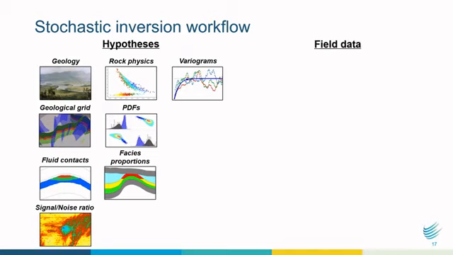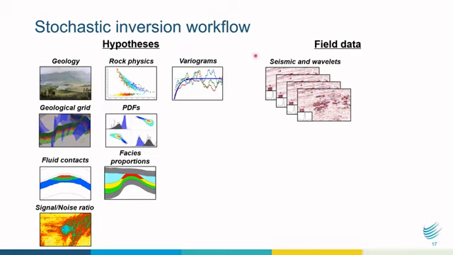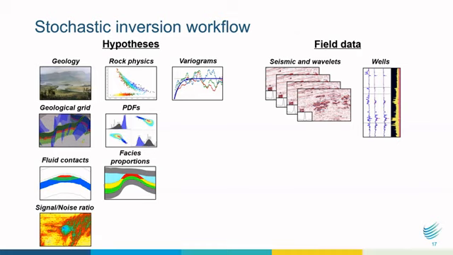On the other hand, we have a large amount of field data, or how we call it, observations, with seismic data and wavelets, which we extract from this seismic data, and well data, of course. All this information is combined using probability density functions and the Bayesian concept. Next, sequential Gaussian simulation or Markov chain Monte Carlo algorithms are used.